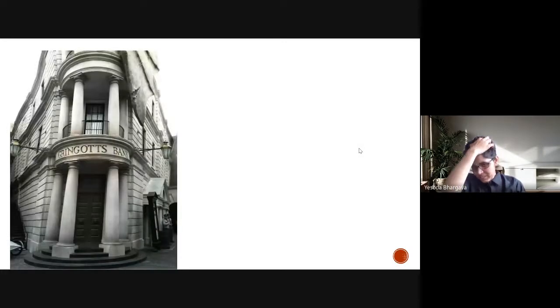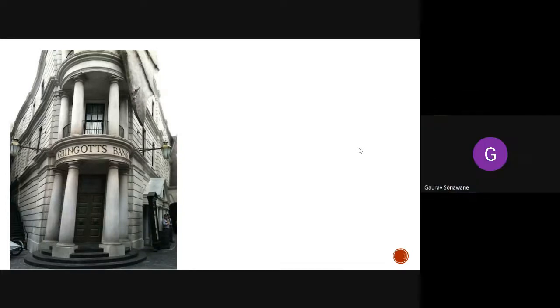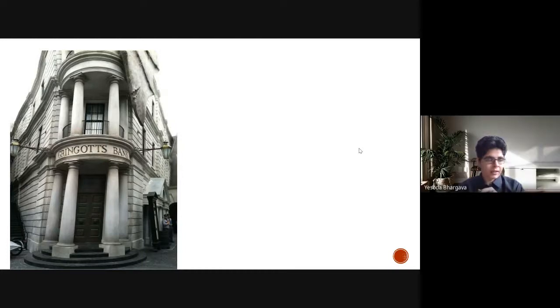What do you think this is? What kind of system would it be when you look at this particular image? So what do you think it is? Anybody? A bank. Yeah, it's a bank.